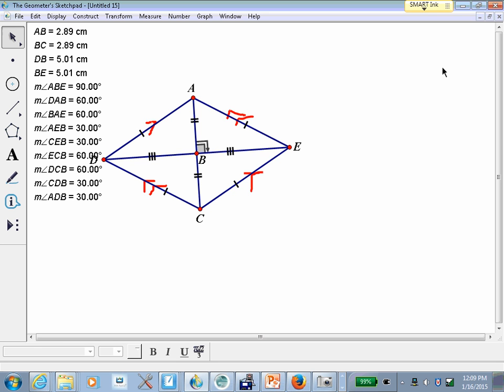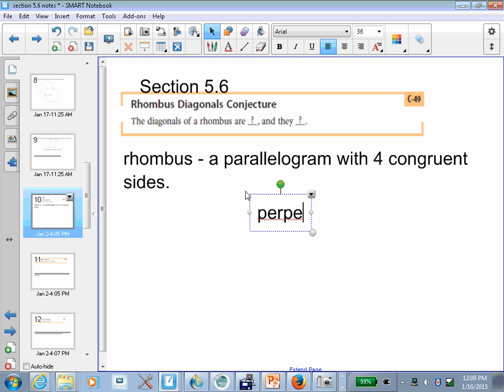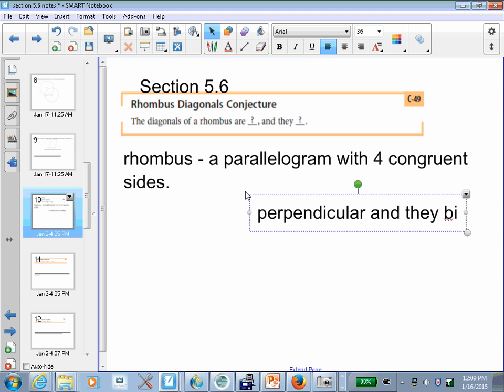So go ahead and take a screenshot of your picture, and we're going to write some conjectures. Conjecture 49 is called the rhombus diagonal conjecture. The diagonals of a rhombus are perpendicular and they bisect each other.